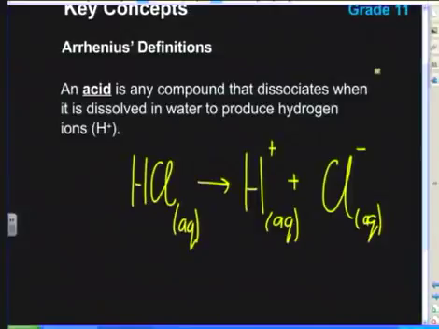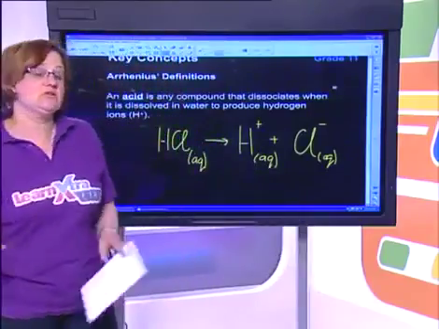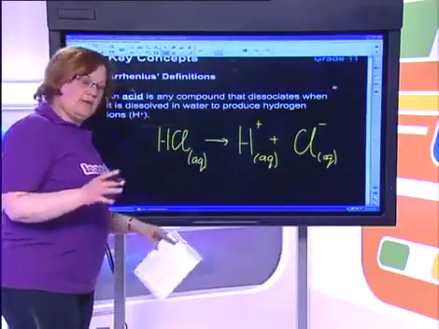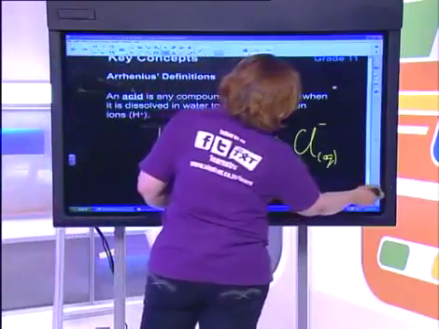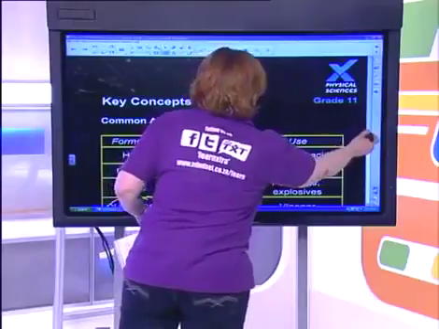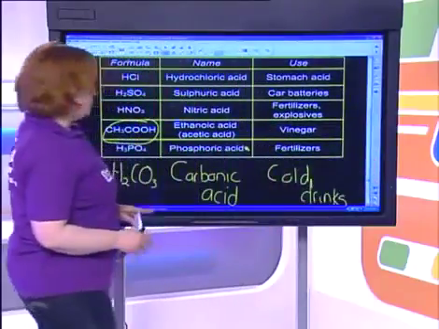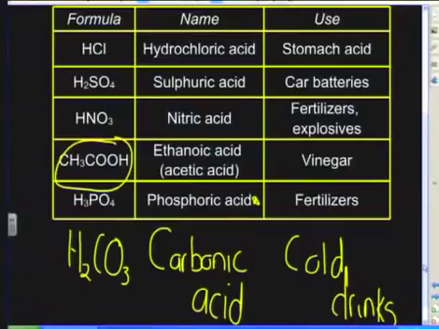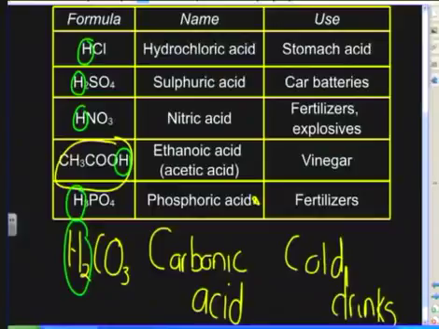Nothing wrong with this definition for acids, because when we look at our list of common acids, do you see that every single one of them has hydrogen in? Hydrogen, hydrogen, hydrogen. In fact, that's the important hydrogen in ethanoic acid. Hydrogen, hydrogen.